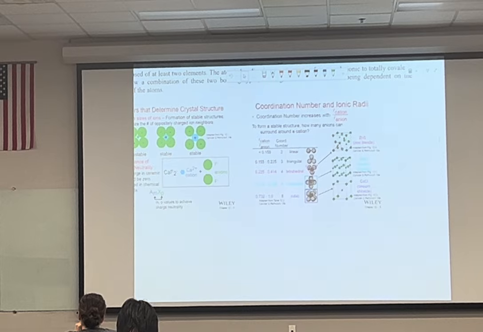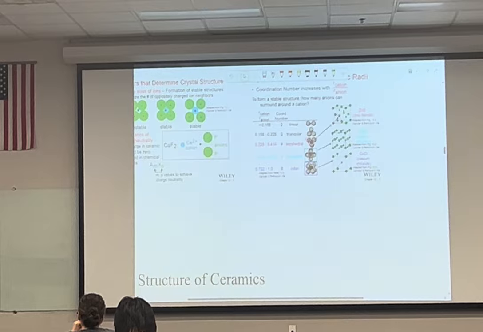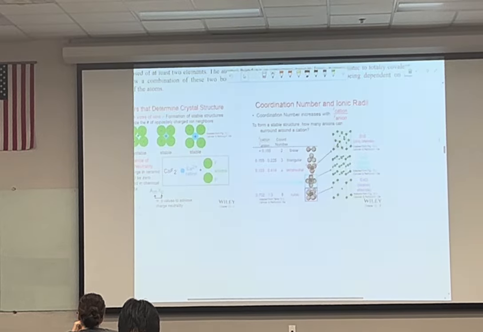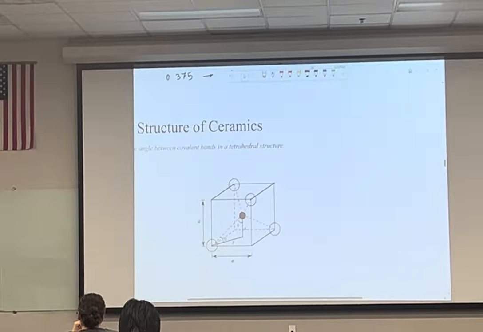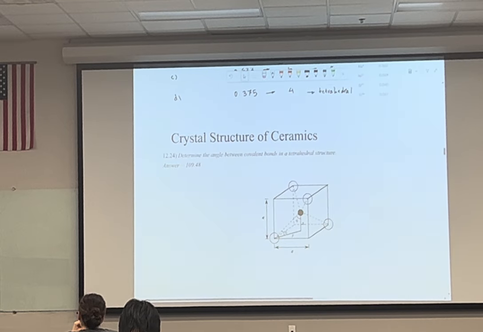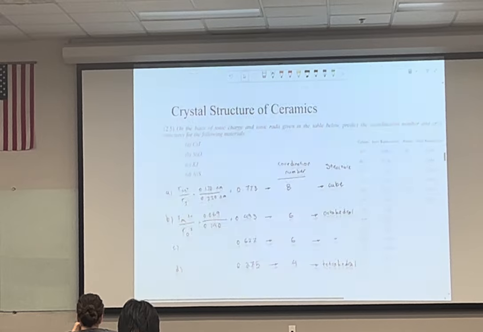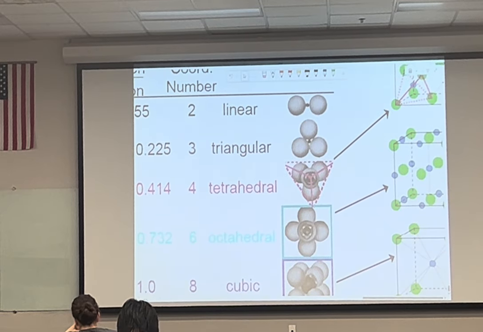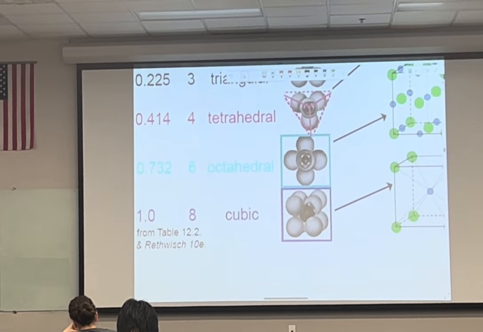But for this chapter, we are not interested in those ceramics. So we're going to stick to this table, and just based on geometry, we want to calculate the angle between the bonds of a tetrahedral structure. Tetrahedral is basically the structure we just saw here, the one in purple.